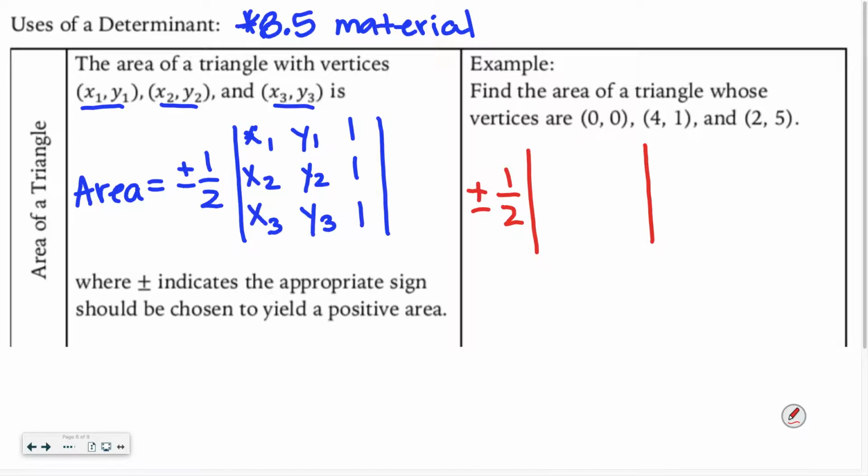You just need an xy coordinate and a 1, an xy coordinate and a 1, an xy coordinate and a 1. Okay? Doesn't matter the order, you're going to get the same area regardless. Okay? So go ahead at your table, and find me without a calculator. Please do this by hand. Please find me this determinant. Okay?